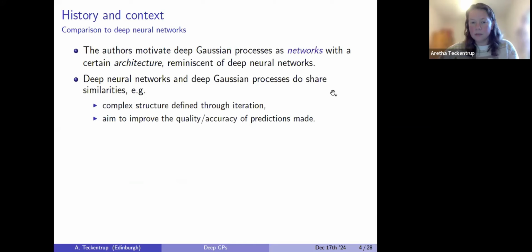In that sense, deep neural networks and deep Gaussian processes do share similarities. They have in common that they define a very complex structure through iteration. In networks, there are different layers, and as we'll see, deep Gaussian processes have the same. By defining these more complex structures, they have a common aim to improve the quality and the accuracy of the predictions that you can make with these models.